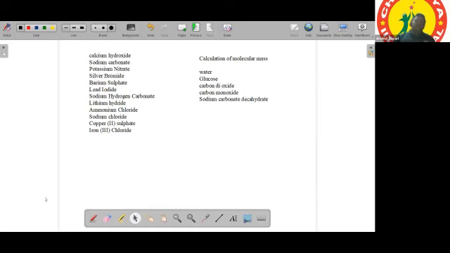For water, the formula is H2O. For glucose, the formula is C6H12O6. This is the molecular formula of glucose. Then carbon dioxide, CO2, carbon monoxide, CO, sodium carbonate decahydrate is Na2CO3 dot 10H2O.